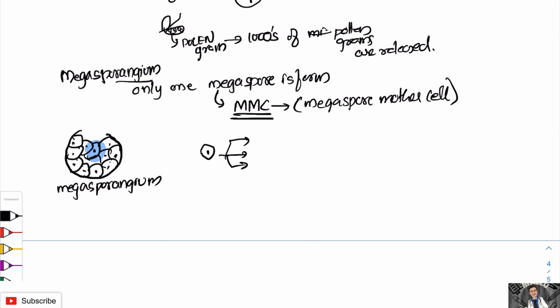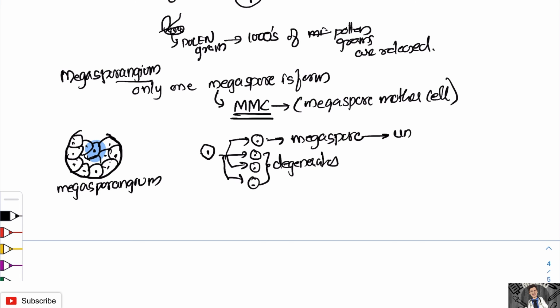In the last lecture, I gave you an idea about what's meiosis and what's mitosis. So you get four spores, right? But out of this, three of them degenerate and just one of them becomes the megaspore, and it undergoes repeated mitosis.